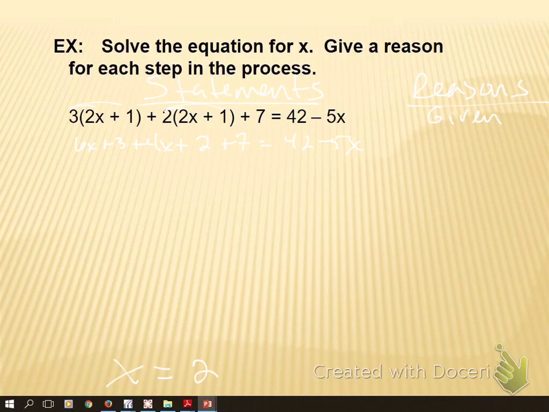What reason do we have for doing that? The distributive property says that we can do that and not change the equation. So we're using the distributive property. Okay, what would you do next to solve this equation? Well, we're going to combine like terms, right? So 10x, and 3, 2, and 7 gives you 12.